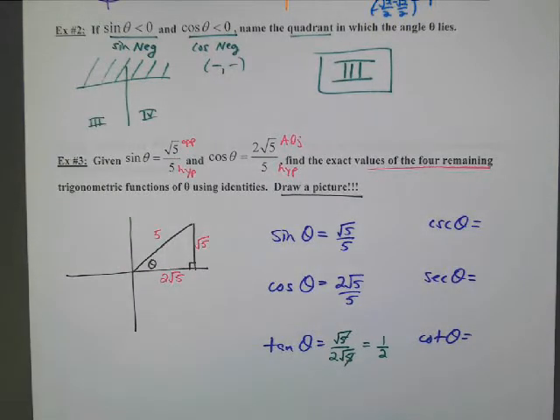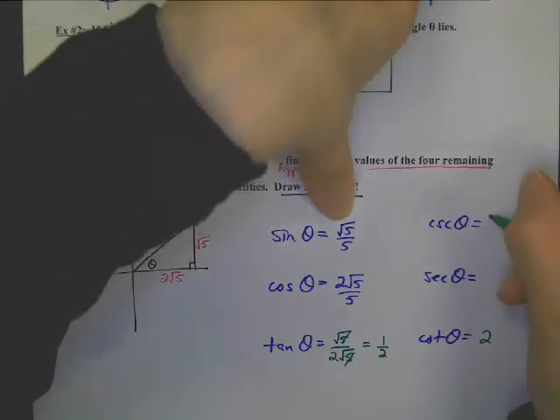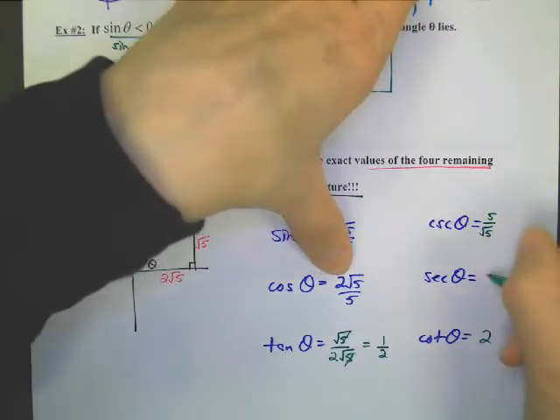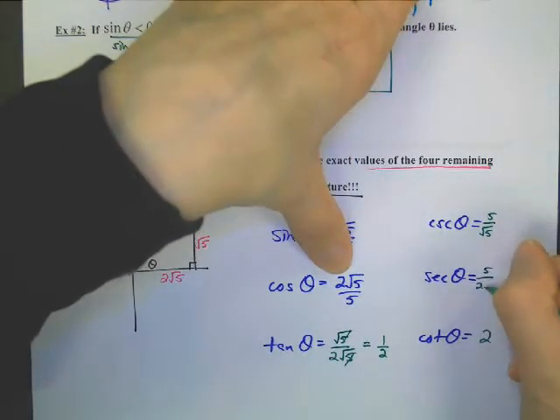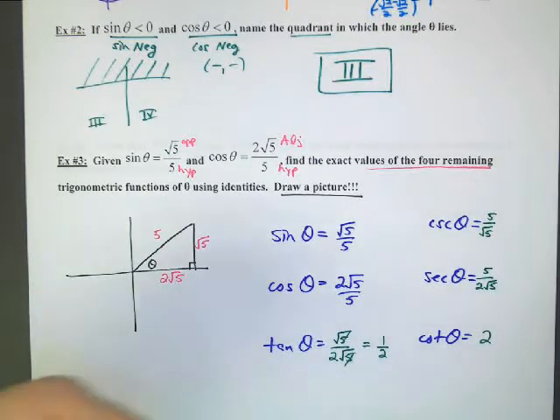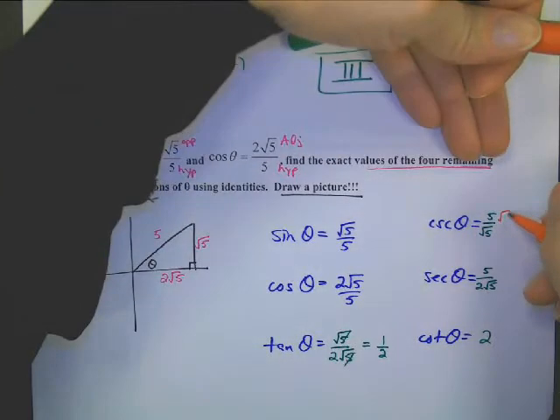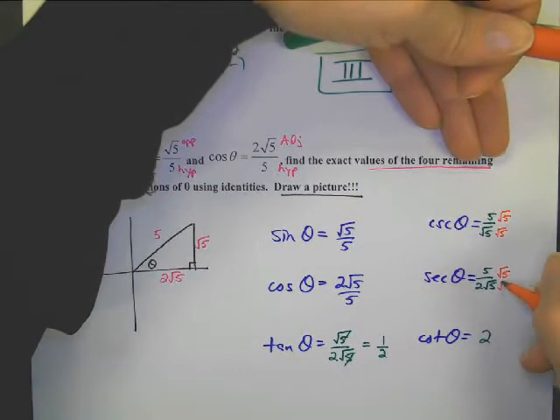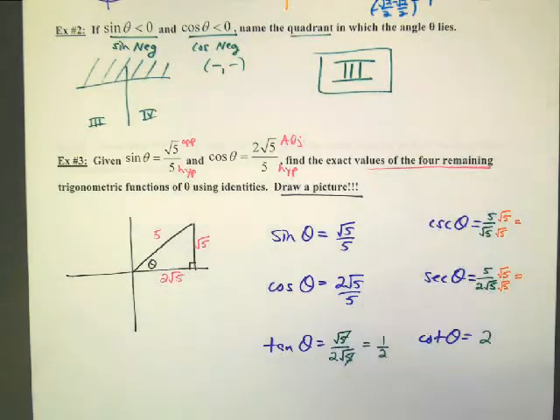Okay, let's go ahead and reciprocate some of these. Cotangent's easy. The reciprocal is going to be a 2. These are going to need a little bit of work. So I reciprocate and get 5 over radical 5, and this one is going to be 5 over 2 radical 5. So let's rationalize, multiplying top and bottom by radical 5. Radical 5 over radical 5. What do we have here?